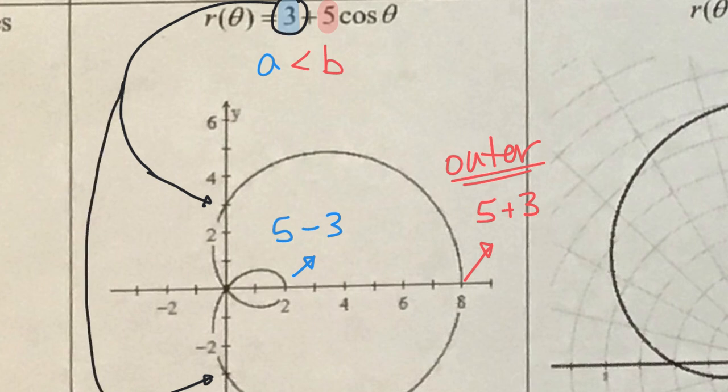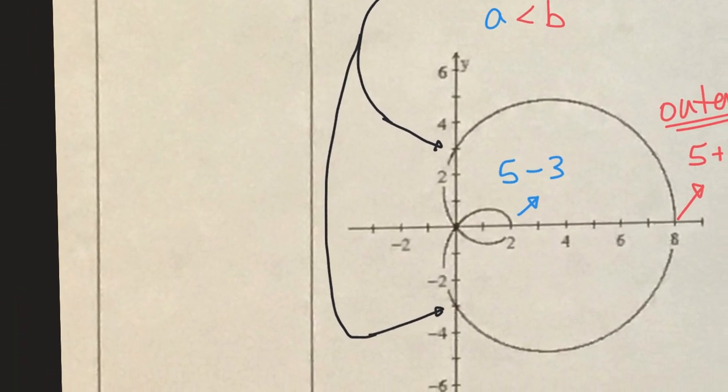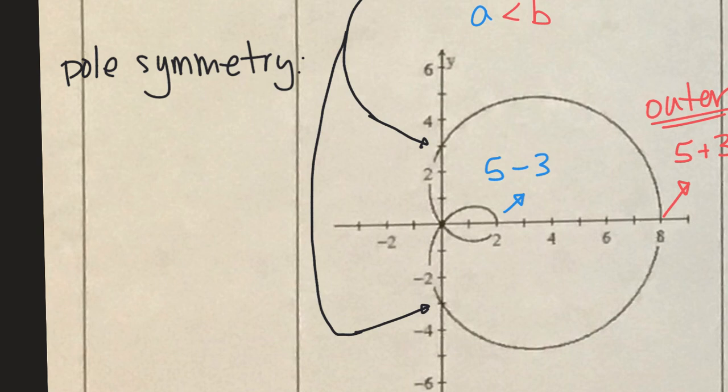Okay? So we still have to talk about 4 things. These are the 4 things that I'm going to ask you about that you need to become familiar with. Number 1, what is the pole symmetry? That is the first thing. The answers are these.